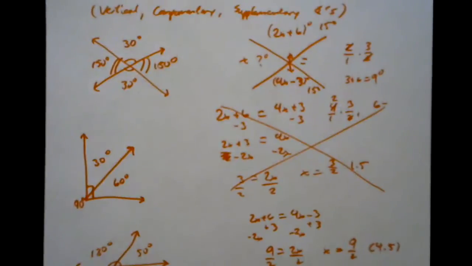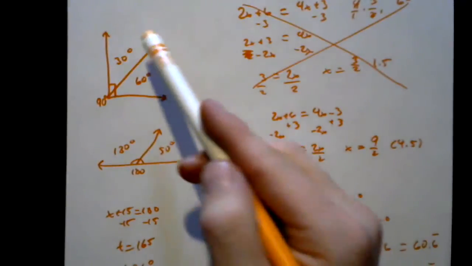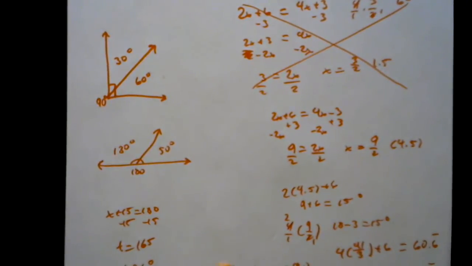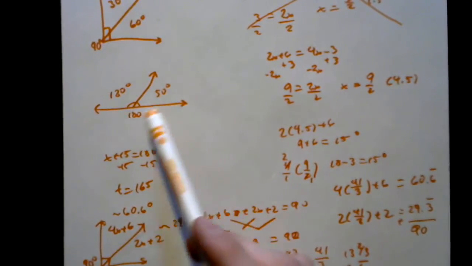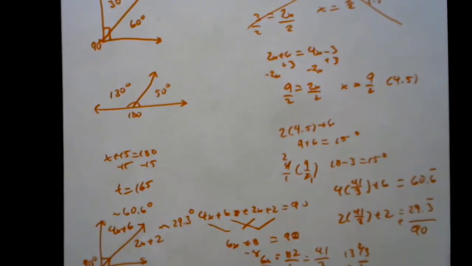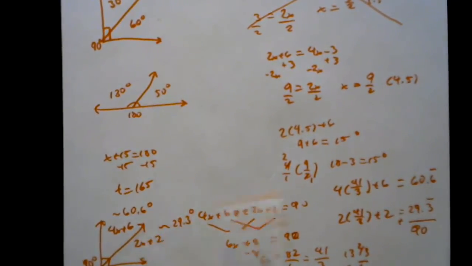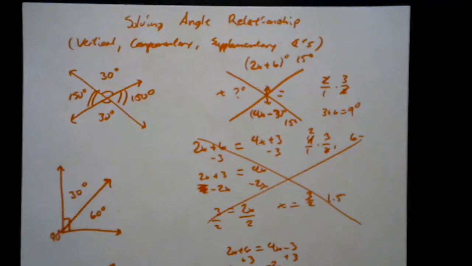And to solve for it, you can set these equal to each other. These you have to add the 2 because both of these have to equal 90 degrees. Same with the supplementary, however, it's different because it's set equal to 180. You solve for x, plug it back in, then you can find your degree measure. You can check to see if it works and if they're equal. And so that's how you solve for angle relationships of vertical, complementary, supplementary angles.